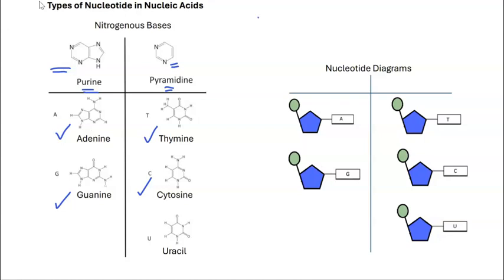So DNA will have the nucleotides adenine, guanine, thymine, and cytosine in its structure. When we come to RNA, this will also have adenine, guanine, and cytosine, but the thymine is replaced with uracil.